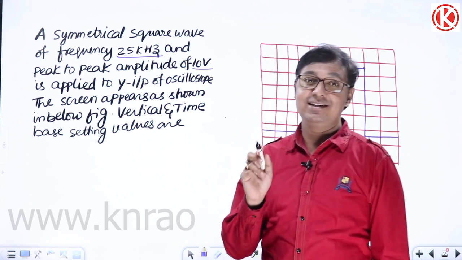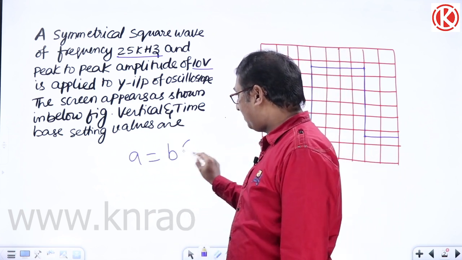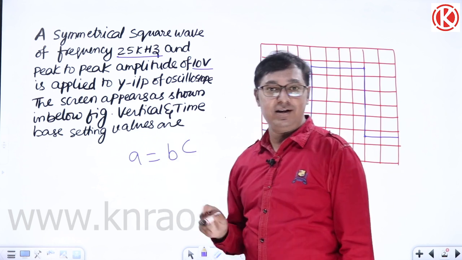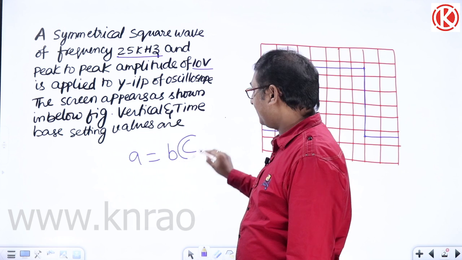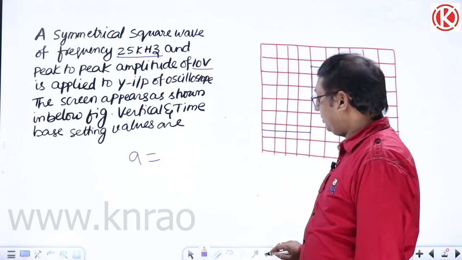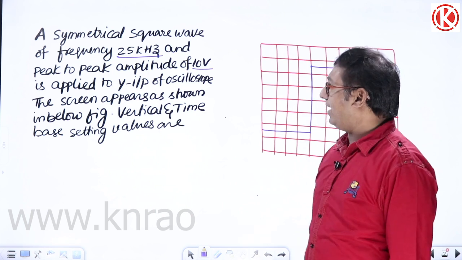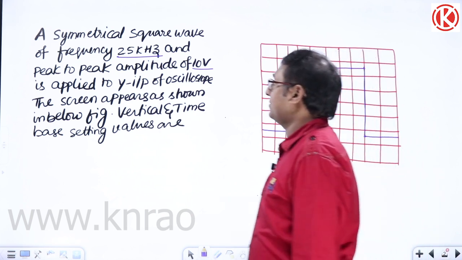When discussing theory, I told you that in a formula A equals BC, two variables can be given and another variable can be asked. Here A and B are given, and he is asking for the value of C.